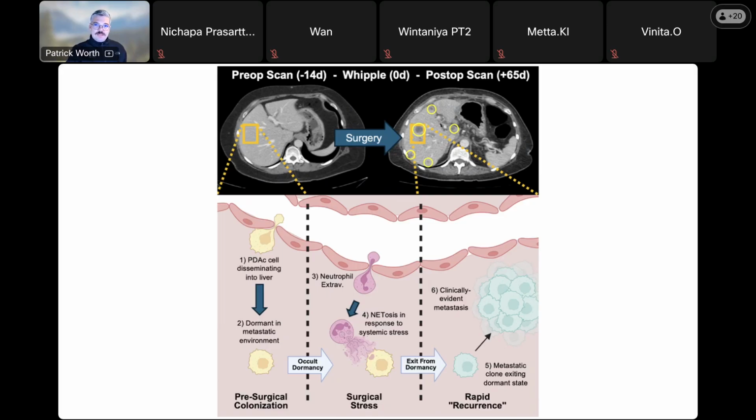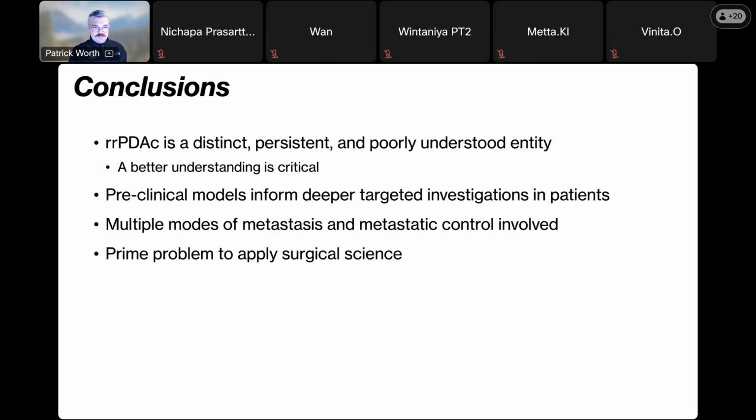So I hope I've convinced you that rapid recurrence is a real phenomenon, a distinct and persistent clinical entity that shouldn't just be approached with the nihilism that we approach pancreatic cancer with, but needs to be understood mechanistically in order to intercept it and achieve better outcomes for our patients.